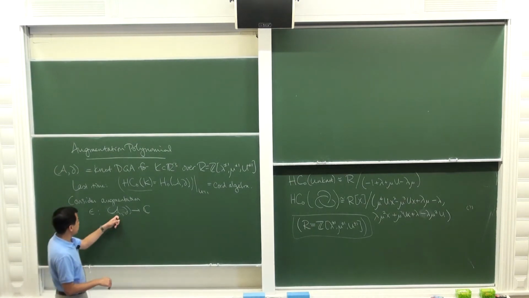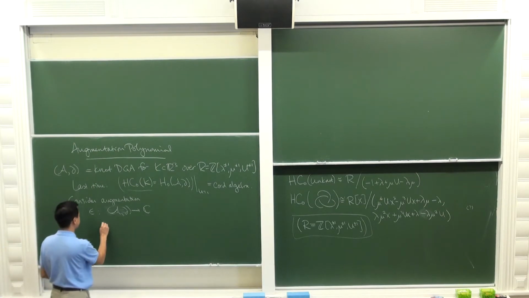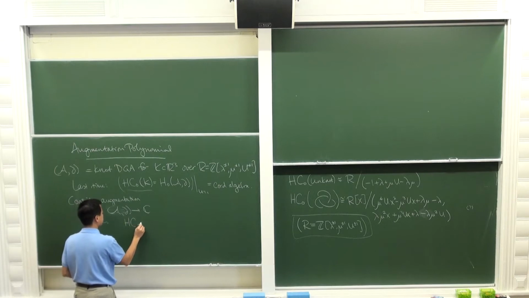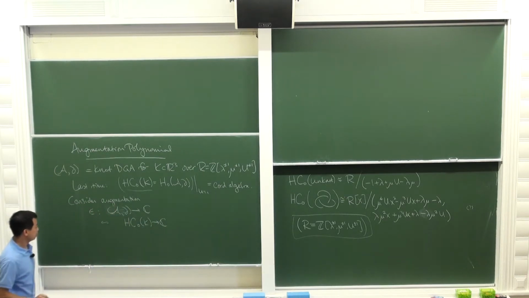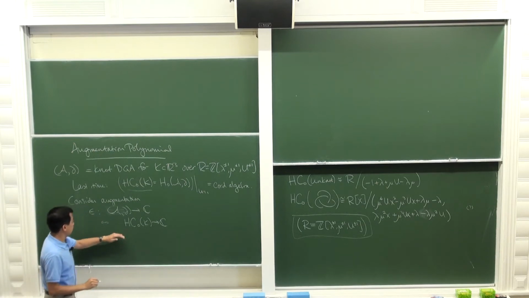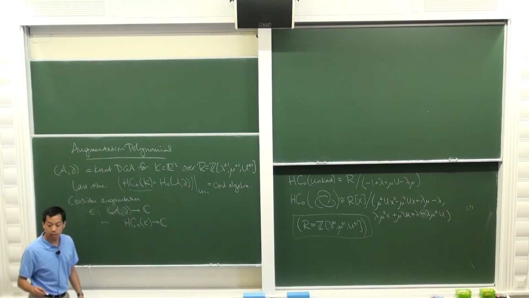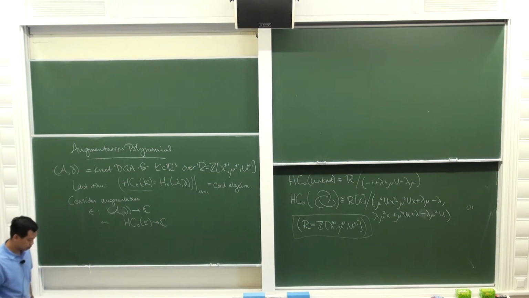Because this DGA is supported in non-negative degree, this turns out to be the same thing as an algebra map from HC0 to C. In other words, an augmentation from the algebra to C turns out to be the same thing as an algebra map from the degree 0 homology of this DGA to C, and that was an easy exercise.